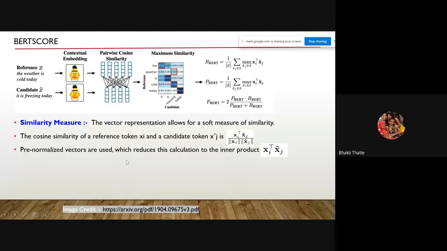This vector representation allows for a soft measure of similarity. The cosine similarity of reference token xi and candidate token x cap j, given by the mathematical formula, is the dot product of the reference transpose and the candidate, divided by the product of the magnitudes of both. However, we have used pre-normalized vectors. That's why this calculation reduces to just the dot product.